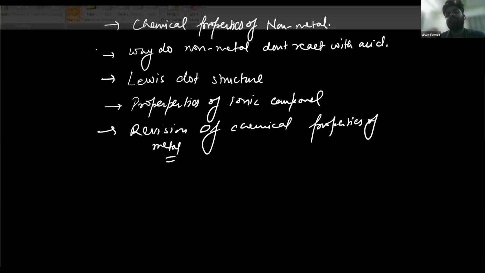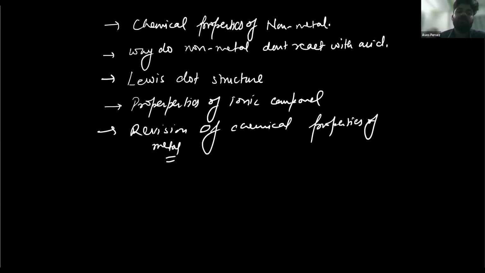First of all, we're going to discuss the chemical properties of non-metals. What are non-metals? Non-metals are the elements that are electron deficient, having 4 to 7 electrons in their outermost shell.